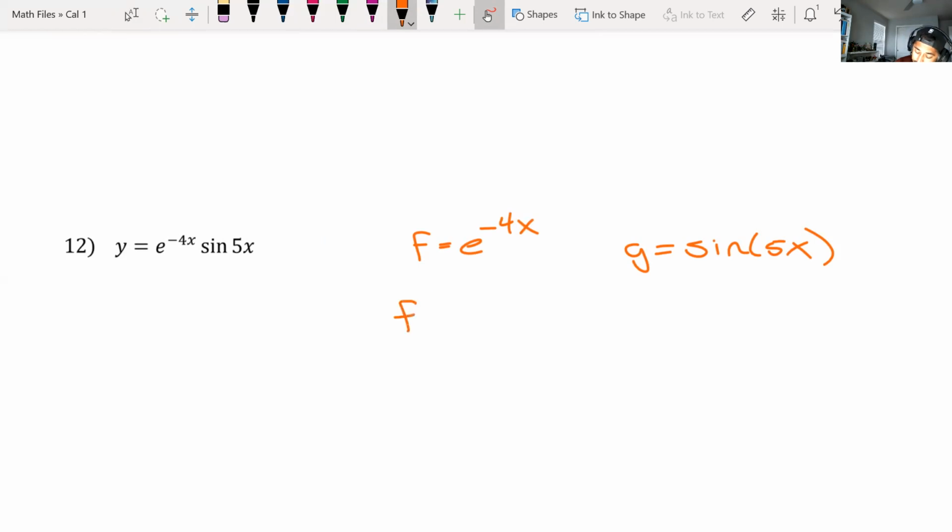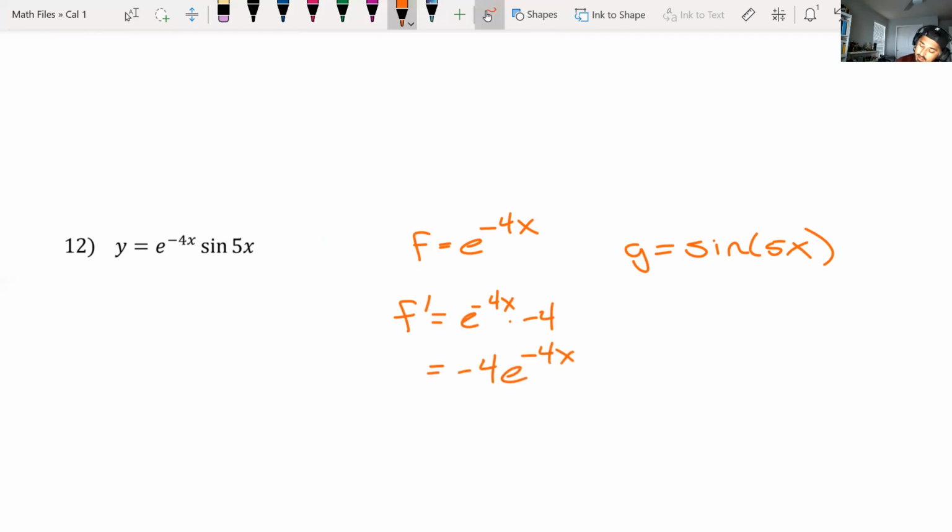So f prime is e to the negative 4x times negative 4, or negative 4 e to the negative 4x.